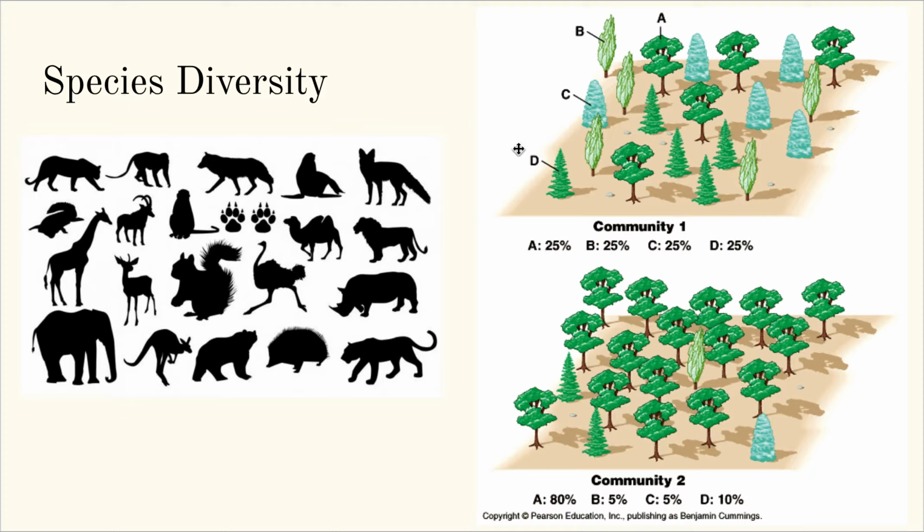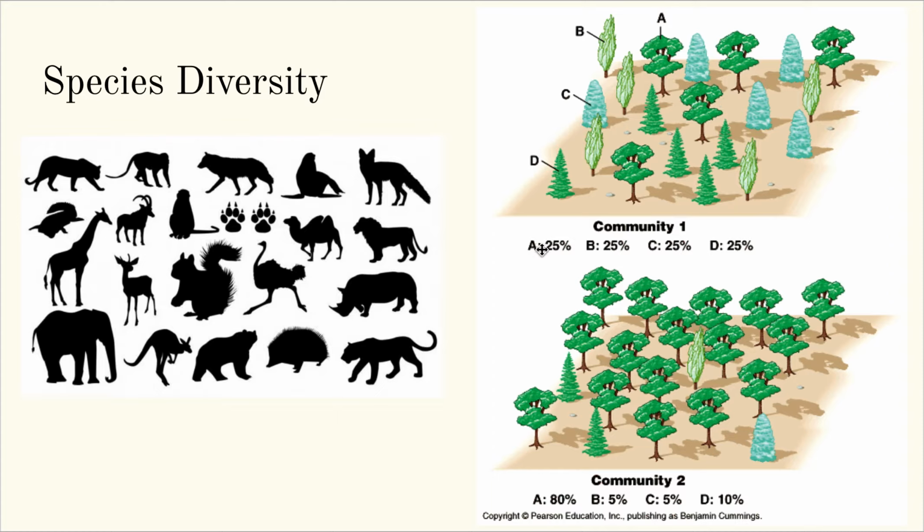On the right side, we've been given an example of two different communities. In both communities, they have written down the different species as species A, B, C, and D, and then it just gives you the diversity of each species in that ecosystem.